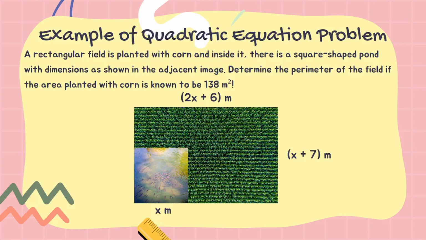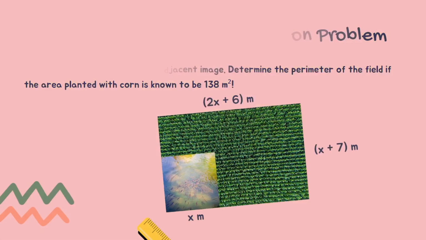So the length is 2x plus 6 meters and the width is x plus 7 meters, and the side of the pond is x meters. Determine the perimeter of the field if the area planted with corn is known to be 138 square meters. How are we going to solve it?